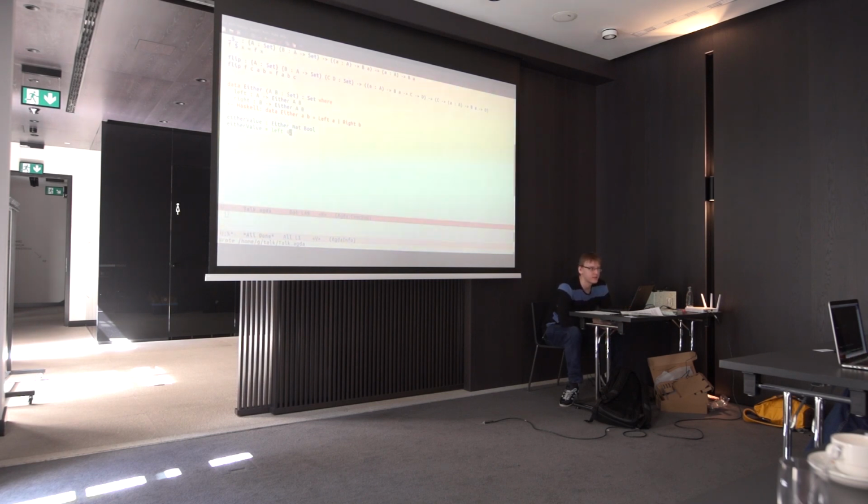Now, if you think about how this value is stored in memory, you need to remember whether it's left or right in one part of memory, and in another part of memory you will have a representation of either A or B. So it's a tagged union.